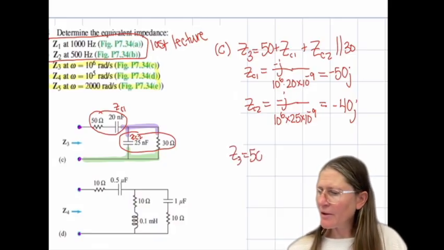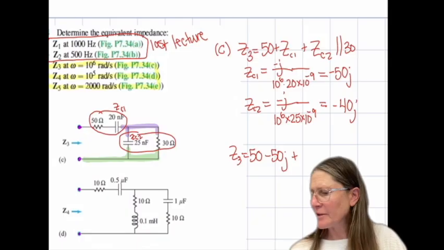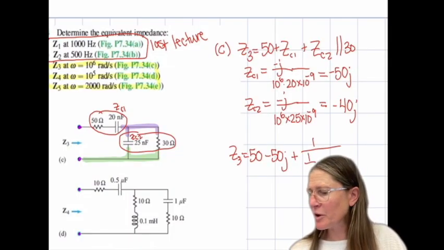And so this is then 50 minus 50j plus 1 over 1 over minus 40j plus 1 over 30.